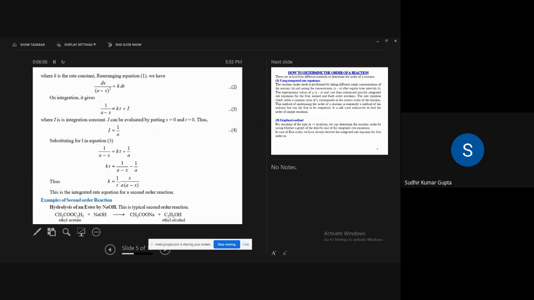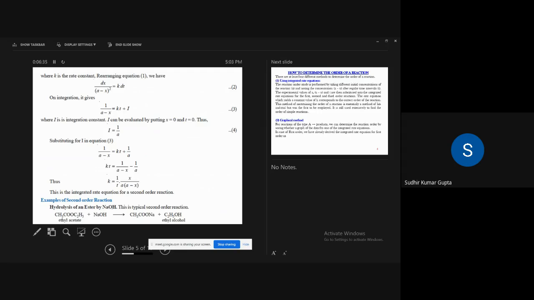We put this value in the previous equation, and we get 1 upon (a minus x) equal to kt plus 1 upon a, which we can rearrange to get the value of k. So k is equal to 1 by t into x upon a into (a minus x). This is the integrated rate equation for second order reaction.